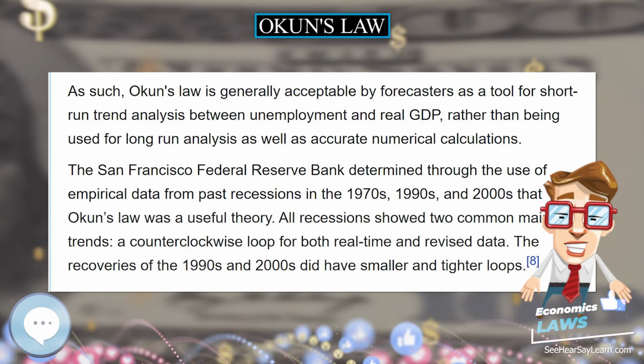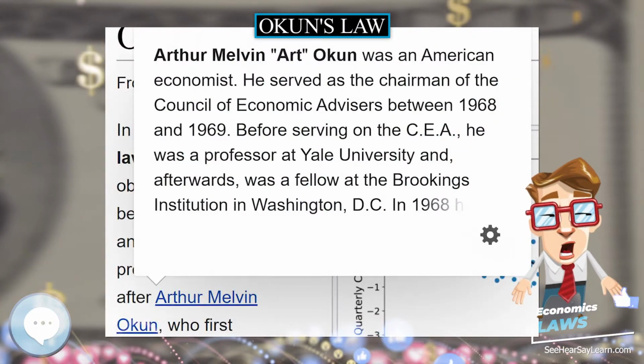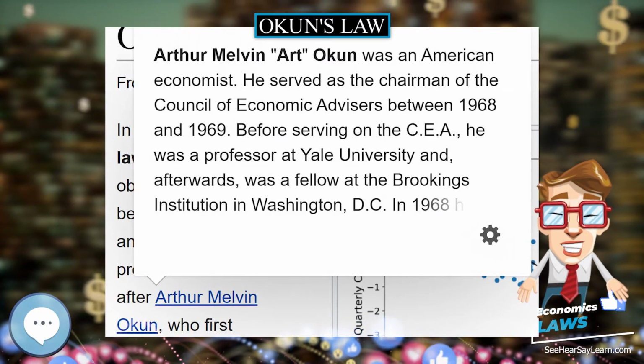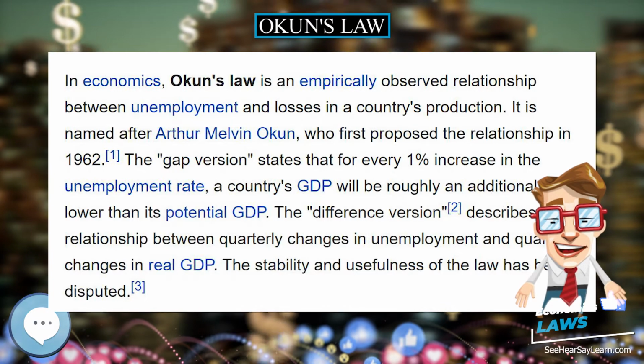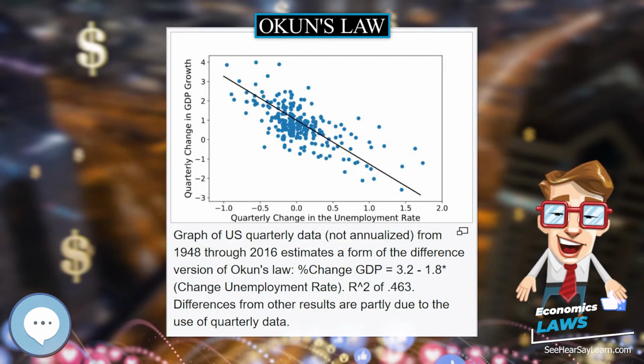Mathematical statements. The gap version of Okun's law may be written, Abel and Bernanke 2005, as shown. In the United States since 1955 or so, the value of c has typically been around 2 or 3, as explained above.